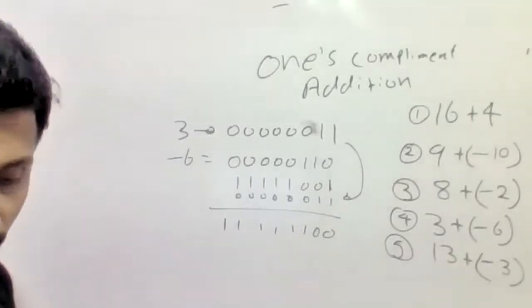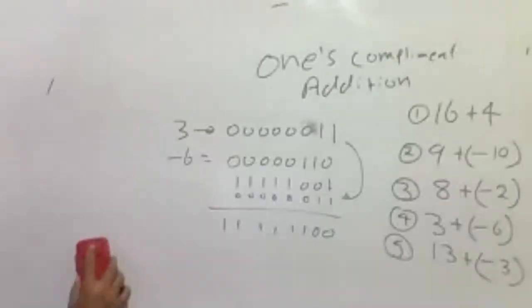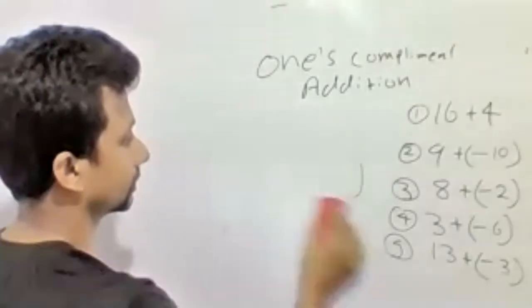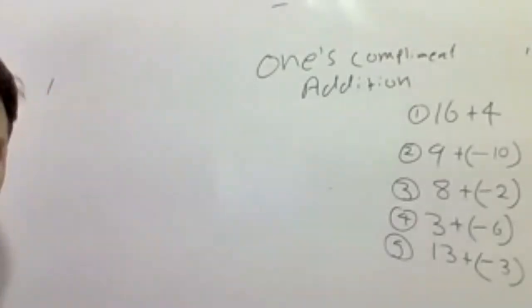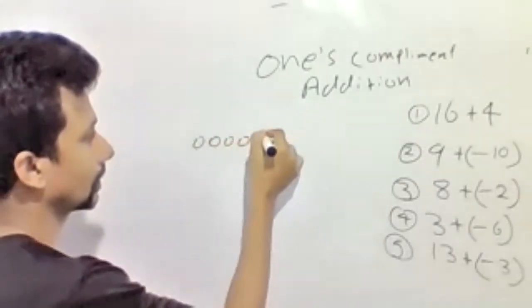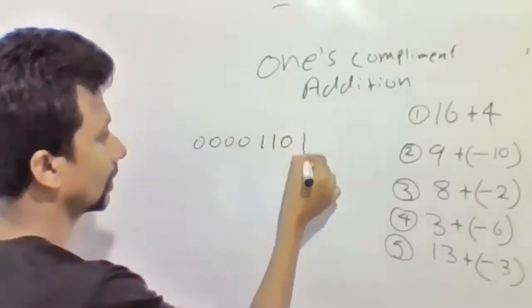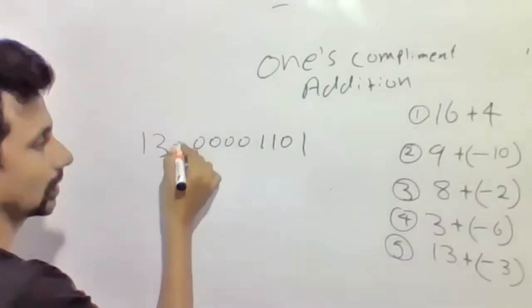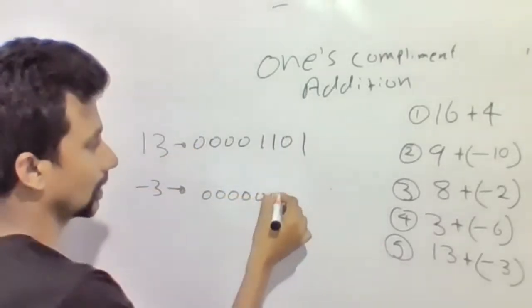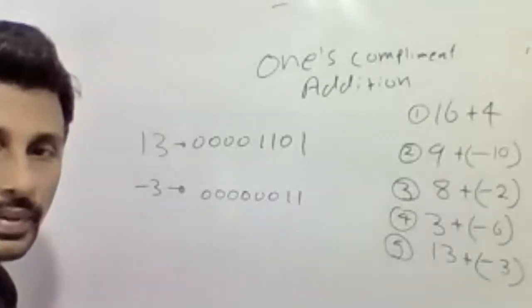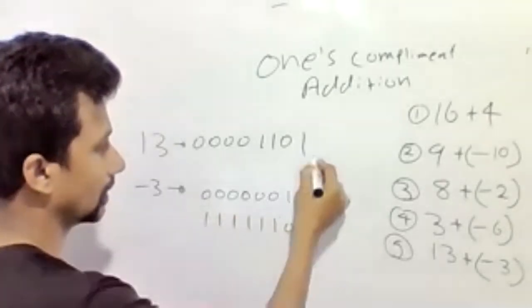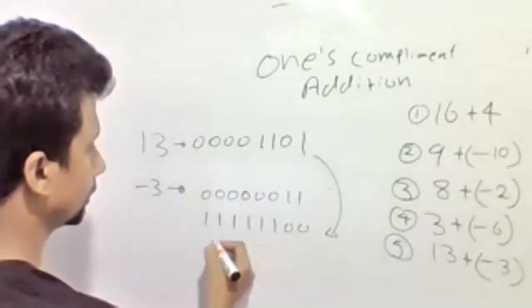Then we'll take the last one. 13 plus minus 3. 13 I'm writing. This is 13. Minus 3, I'm writing the 3, and flip the bits. And I'm taking this one here.